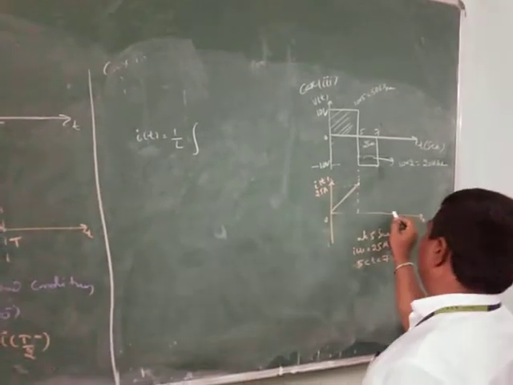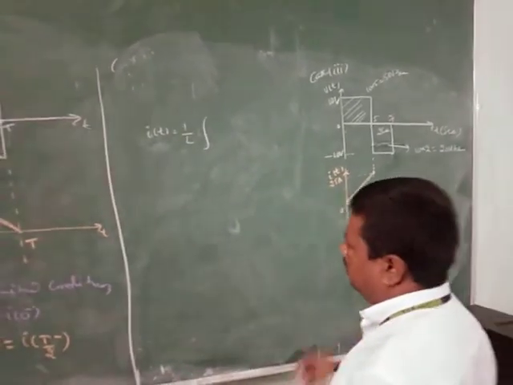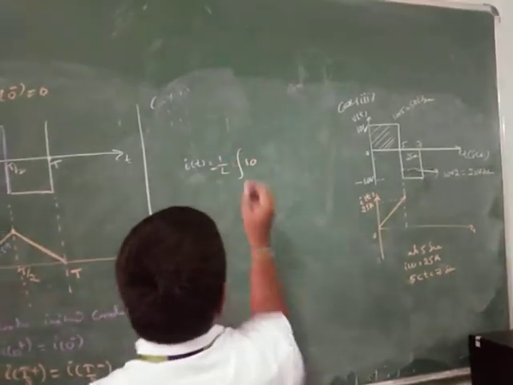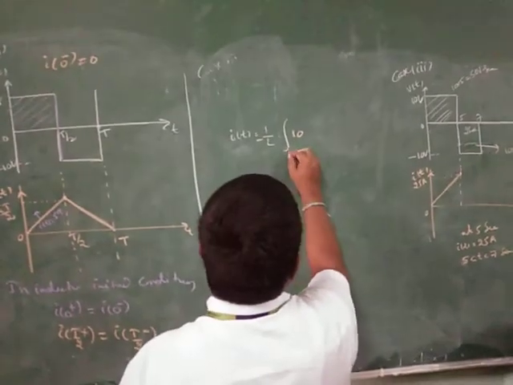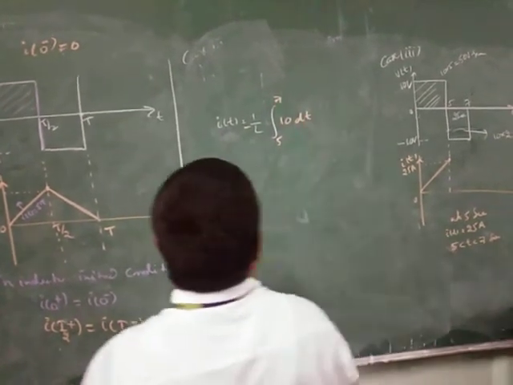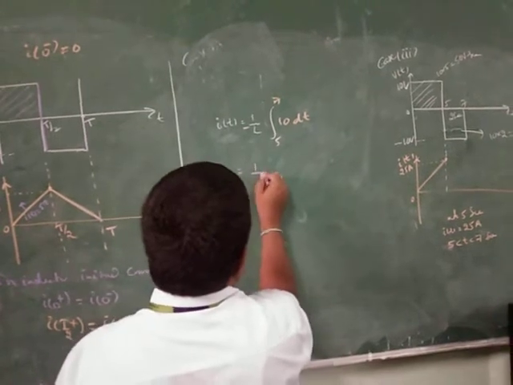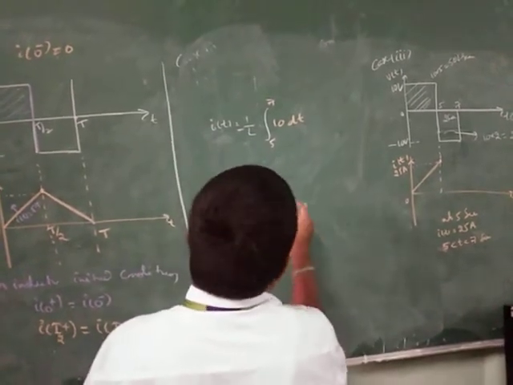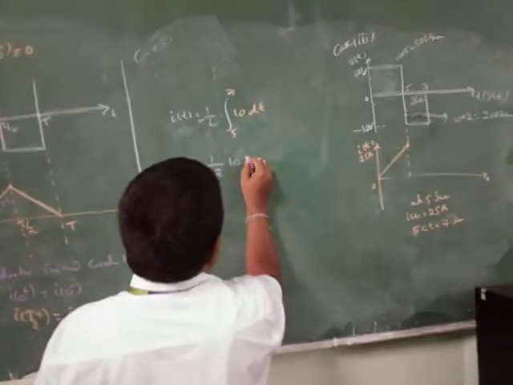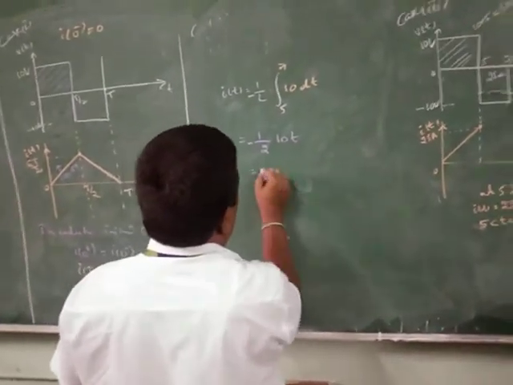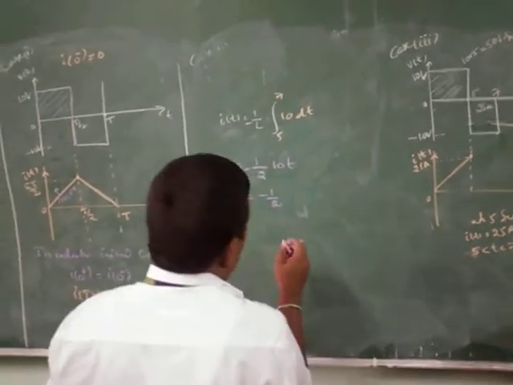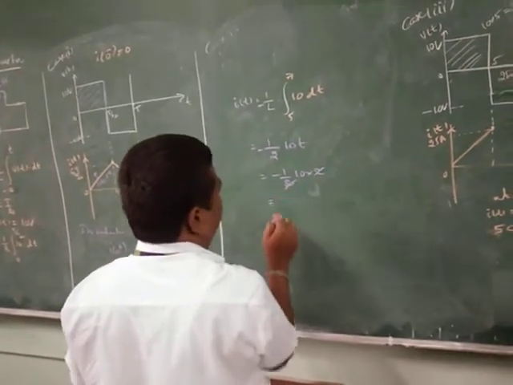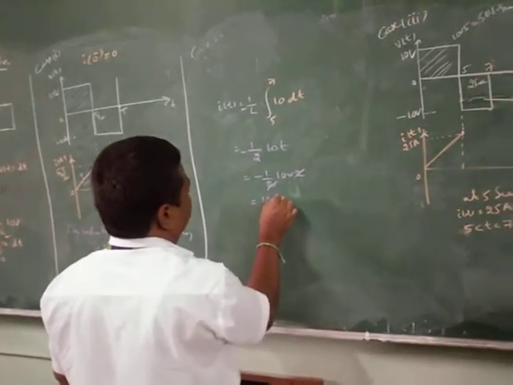That means the current does not come down to 0. Now the current value is some minus 10 into integral from 5 to 7 dt, that is equal to minus 1 by 2 into, the minus is nothing but the negative slope, right? 10 into t, that is equal to minus 1 by 2 into 10 into 2, that is equal to 10 amperes.